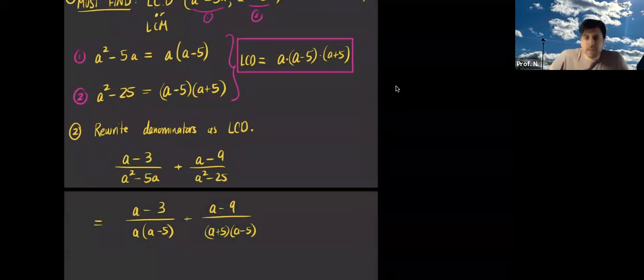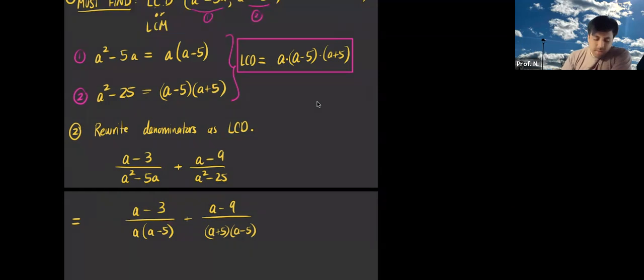So now we ask ourselves this, guys. If you look at the denominators, they both almost look like the LCD, don't they? What's missing from the first denominator to make it the same as the LCD? What's missing? All you have to do is look.